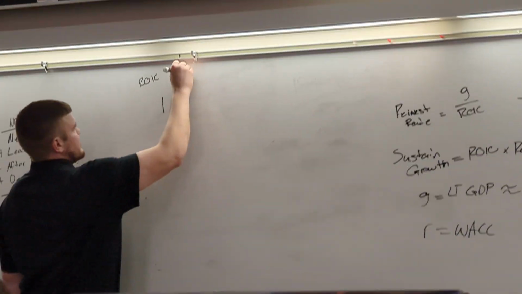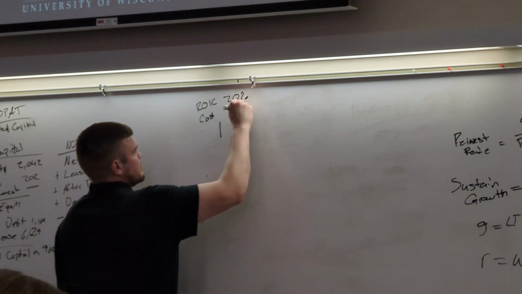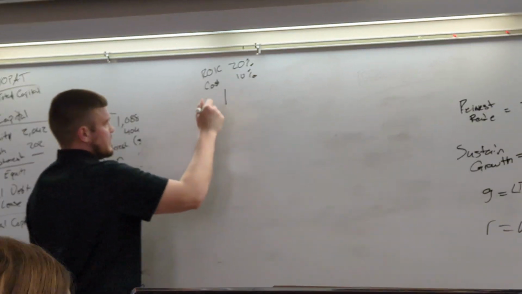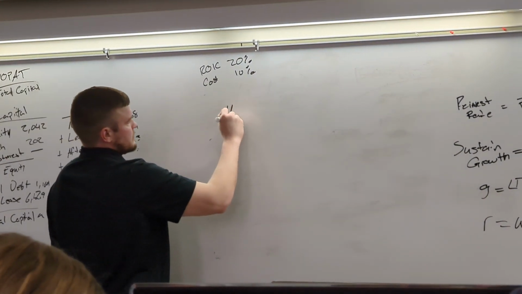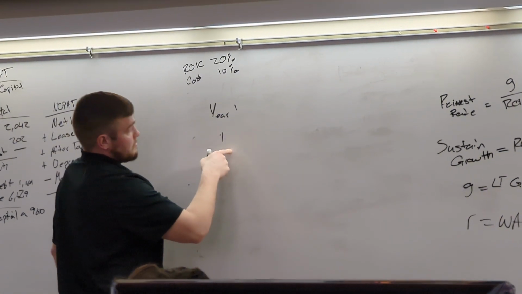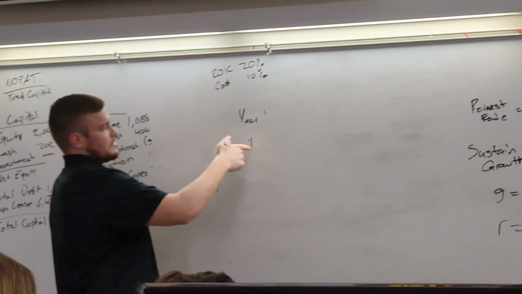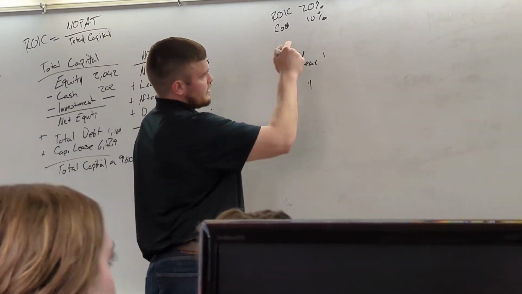I have a return on invested capital of 20%, cost of capital of 10%. In year one, I have $10 of invested capital, I earn my 2.